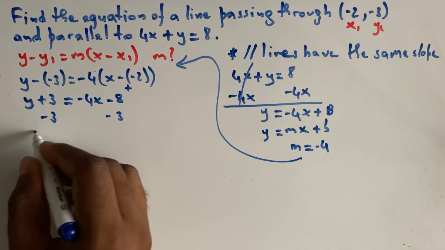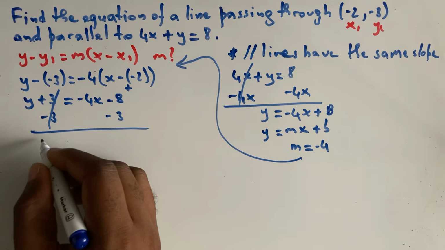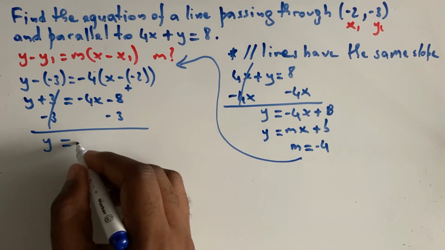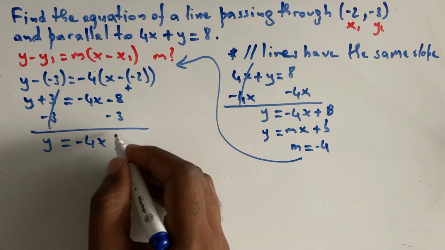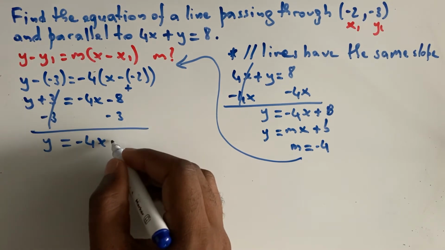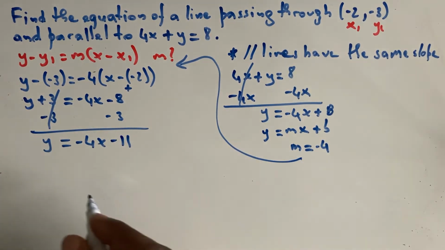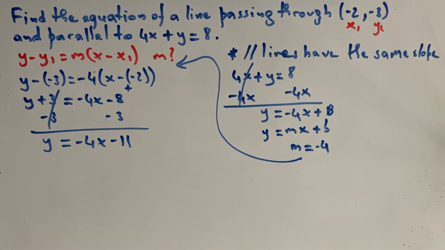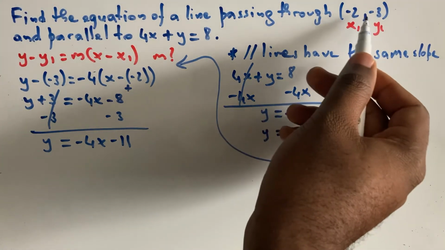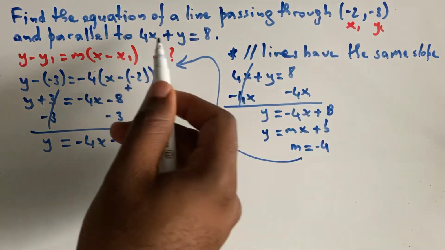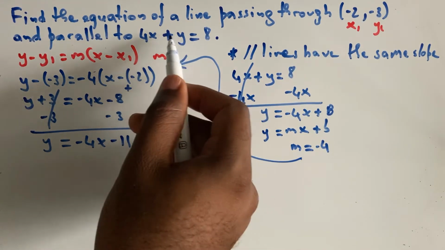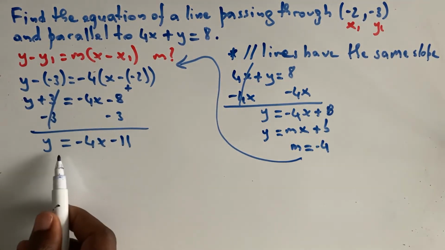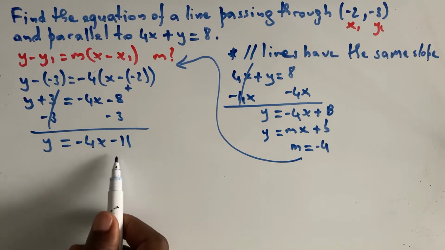I cancel 3 out here, so I have y equals negative 4x, negative 8 minus 3 is negative 11. So this is the equation of the line passing through this point and also parallel to this line: y equals negative 4x minus 11.